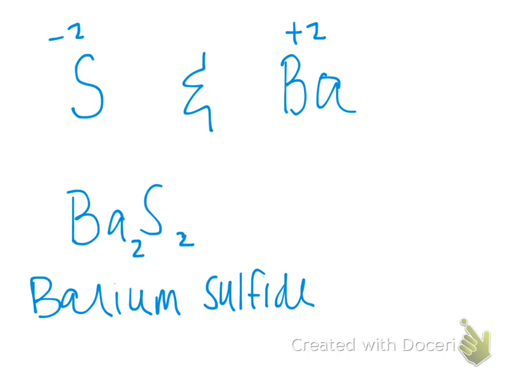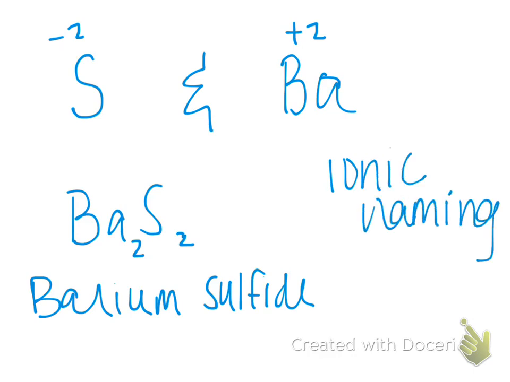Ionic naming is between a metal and a non-metal, one from the left side and one from the right side. This naming so far has been all ionic naming. Sorry I didn't tell you that at first.